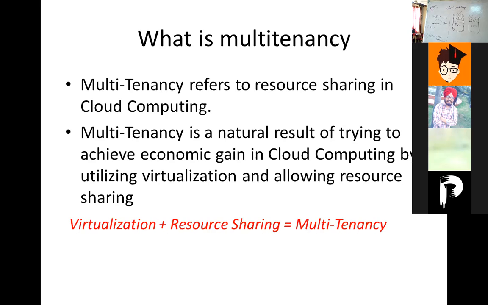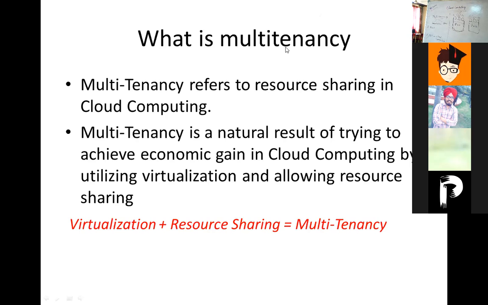Multi-tenancy can only be achieved using the concept called virtualization. Suppose we do not have virtualization, we are not able to install more than one virtual machine. We cannot install a virtual machine on the physical machine. So the virtualization concept introduces the concept called multi-tenancy.